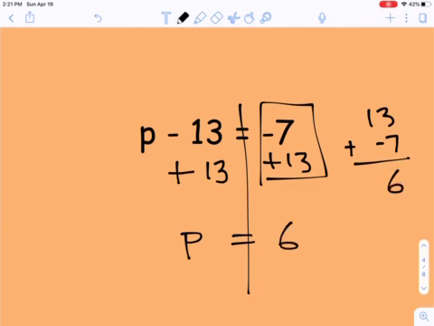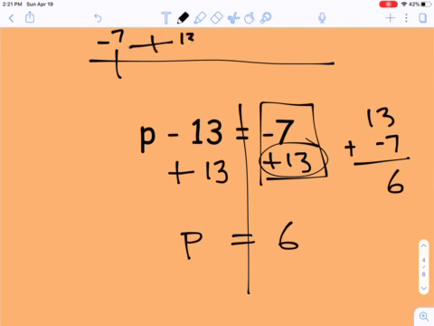Another way to think about it is if you're on a number line, right? And you're at negative 7 and you're adding 13. That means you're going this way 13 spaces all the way over here, and we'll just say this is 13. Or wait, sorry, that's not what I wanted to say. Say you're going all that way over there to wherever your answer is, right?